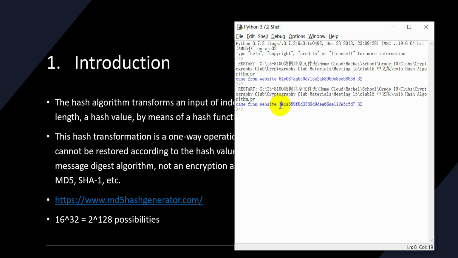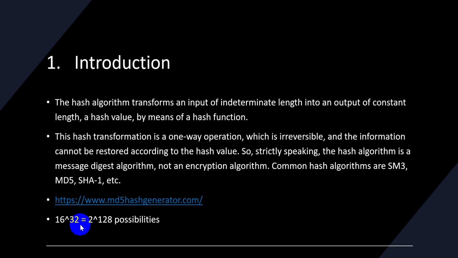So there are 16 to the power of 32 possibilities. And if we change that into binary, 16 equals 2 to the power of 4, and then 2 to the power of 4 to the power of 32 equals 2 to the power of 128 different possibilities, which is a lot of possibilities. That means that it's really hard for two different messages to have the same hash value.